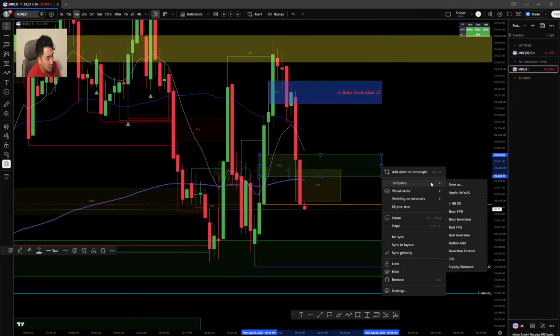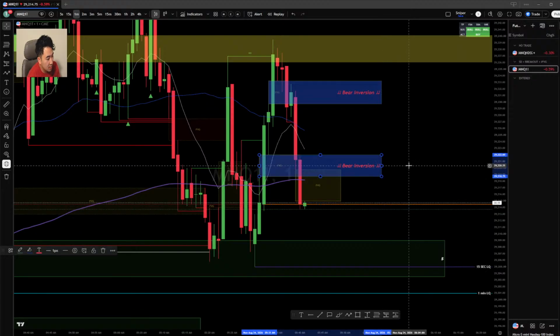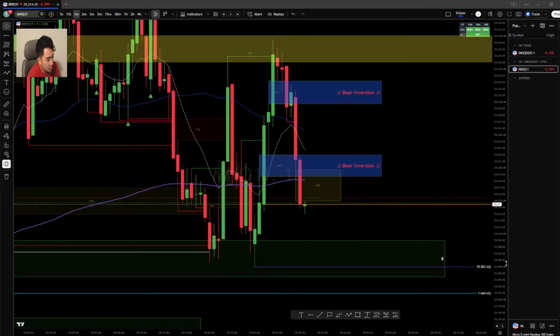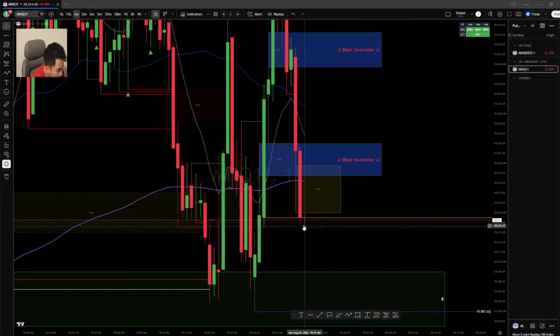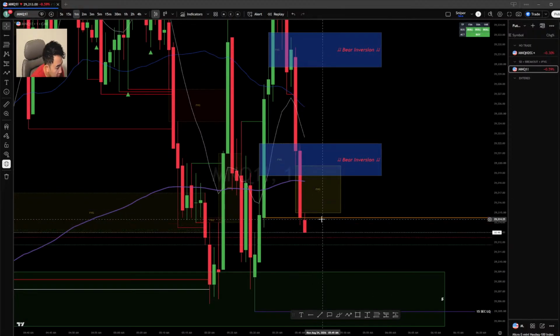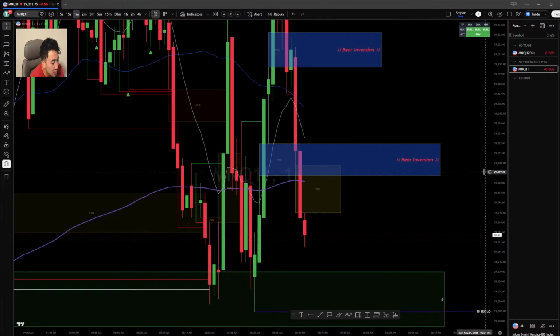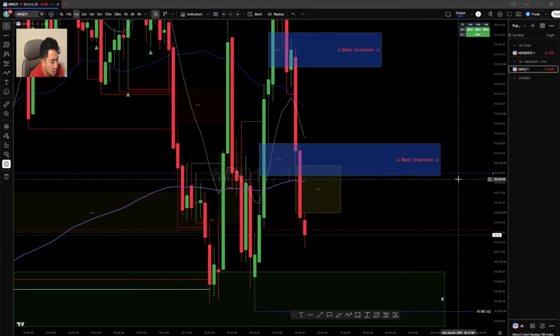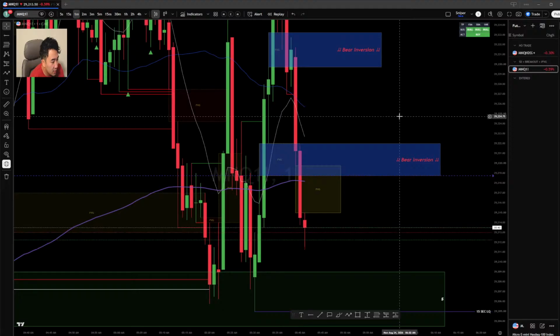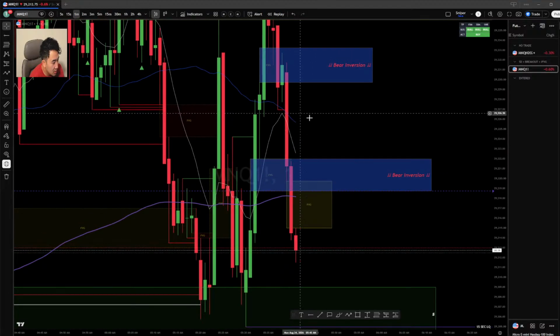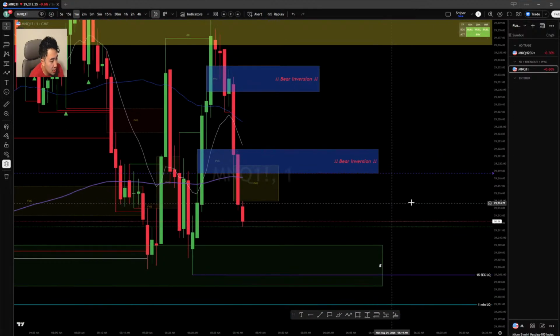All right, this becomes a bearish inversion. Yeah, it looks like price opened below this orange line, so we could use this bearish inversion zone here. I'm gonna set an alert. Everything's trading below this 13 EMA and 50 SMA, so we're overall bearish.